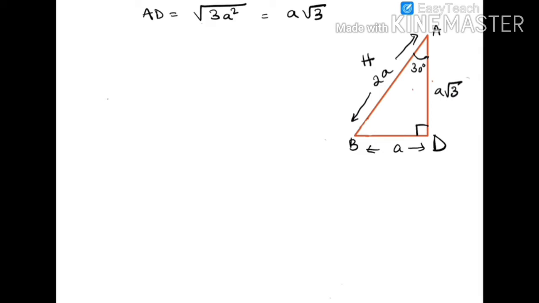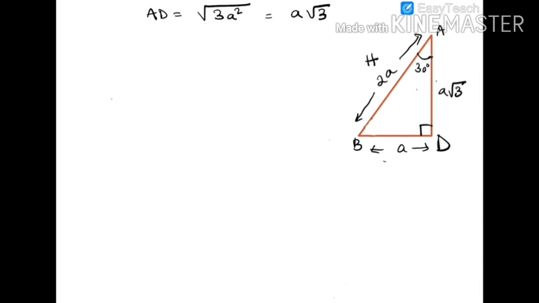Now we will mark the opposite side and the adjacent side with respect to 30-degree angle. The side opposite to 30 degree is BD and the adjacent side is AD.